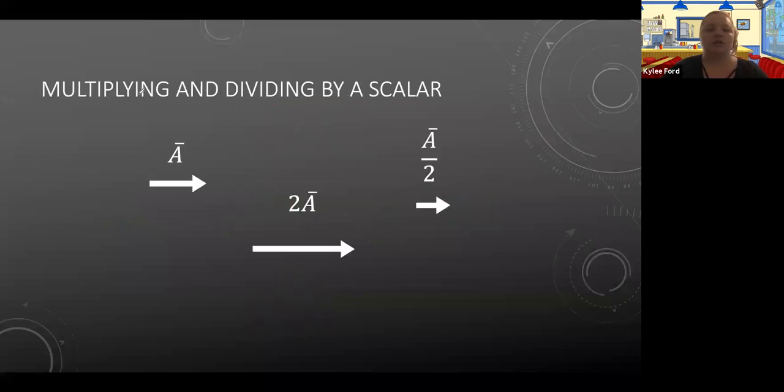Now, I also wanted to mention multiplying and dividing by a scalar. Say we have some vector A, like we have here, and we multiply it by 2. All that does is it takes that vector and makes it twice as long. So this is some length A, and we take that length, or magnitude, and multiply it by 2.